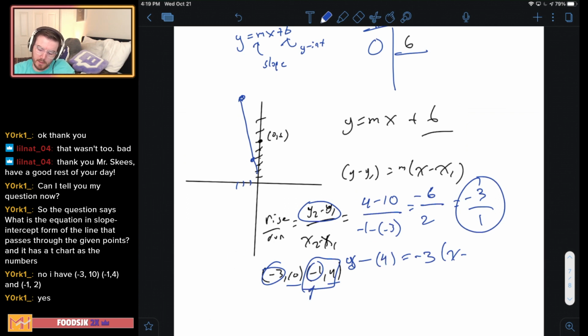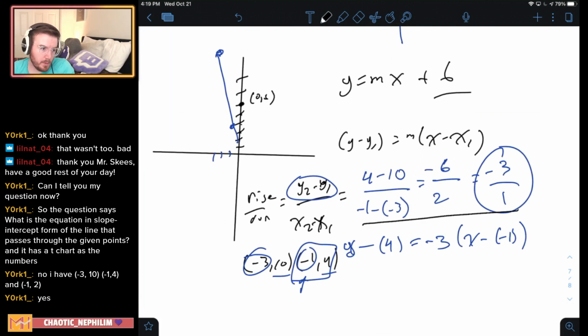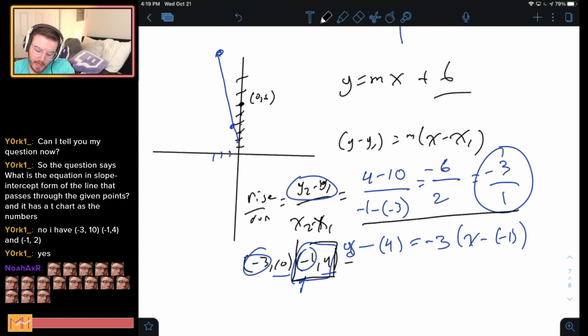The x value is -1. You with me? Sorry, I'm writing a little sloppy. I can clean it up here at the end. So we found our slope. I hope you were with me on that. And now I'm using this as my point. So y minus y1, 4, equals your slope that we just found, x minus x1. Well, that's the other x value.